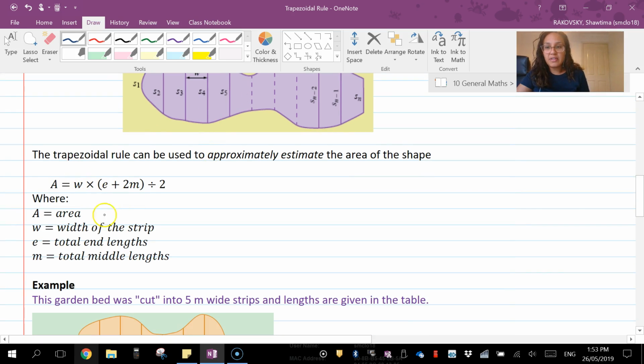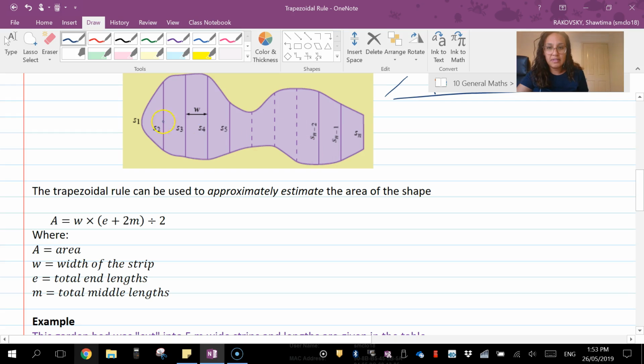So the formula is A equals W, where A is the area and W is the width of the strip. You can see here there is a W, and the end length, or E, is the total end length, so the length here and the length here, and all the middle lengths are these ones, which I'm marking with green. You add all the middle lengths together, however many you have, and multiply them by 2, because we're talking about them being side by side.